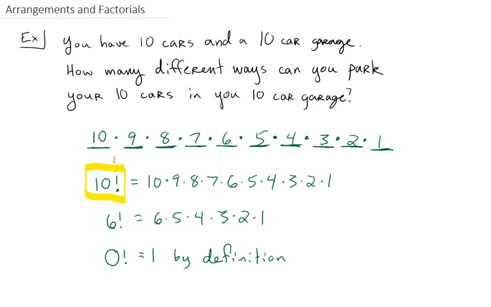So if you're having trouble finding that, feel free to ask me, and I can try to point you in the right direction. But you don't need to put 10 times 9 times 8 times 7 times 6 times 5 times 4 times 3 times 2 times 1 in your calculator. You can just put 10 factorial, and your calculator will calculate it for you. So I did just that, and I got 3,628,800. Nice fancy number.